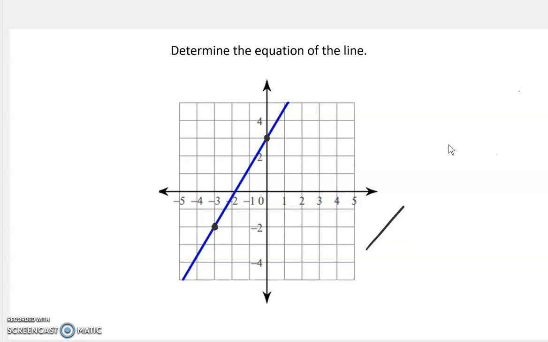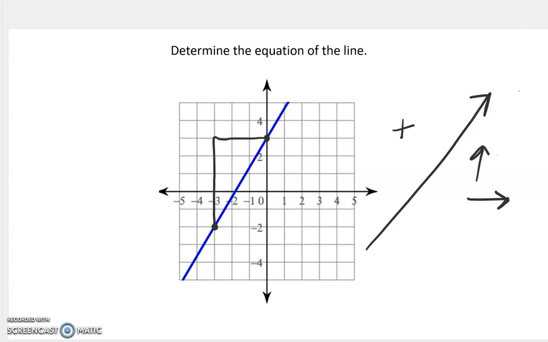Because this is an increasing line, I'm going to count up, and then I'm going to go to the right. Basically, this is what you're going to have. Oops, I went too far on that line. This line and this line. We're just going to count those spaces.